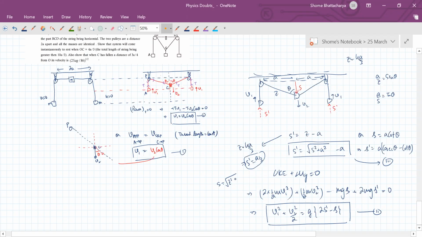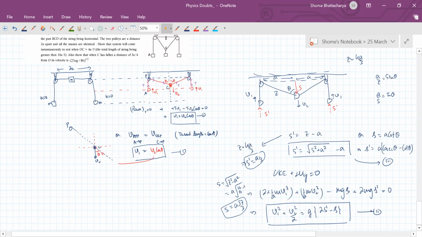Square root of Z square minus a square. So square root of 16 by 9 minus 1. So a root 7 by 3. That is the value of S.